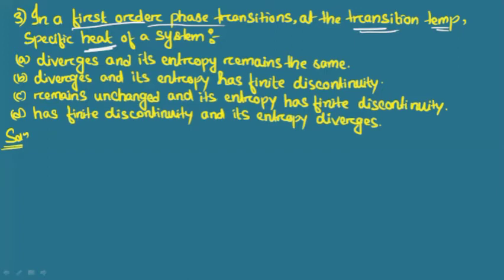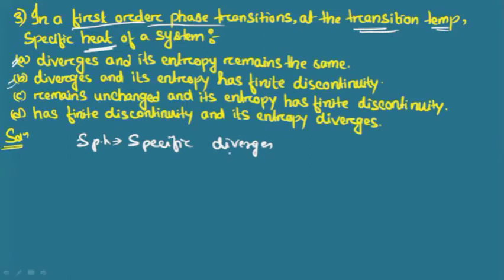Now when we are talking about the first order phase transition, we know that the specific heat diverges, right? So specific heat is diverging. Clear? So option A and option B have this condition, so the rest two options are eliminated.